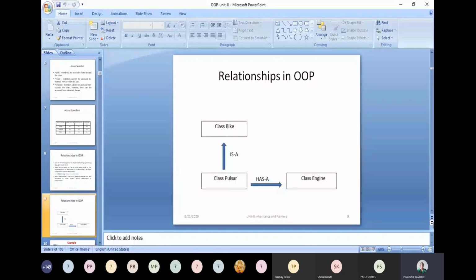So it is inherited, we call it class bike is-a, so it has is-a properties. And from that middle portion, class pulsar is the derived class from class bike. Again we have the class engine, which again gets properties from class bike. That means we are deriving the properties to the derived class and then again to a derived class.